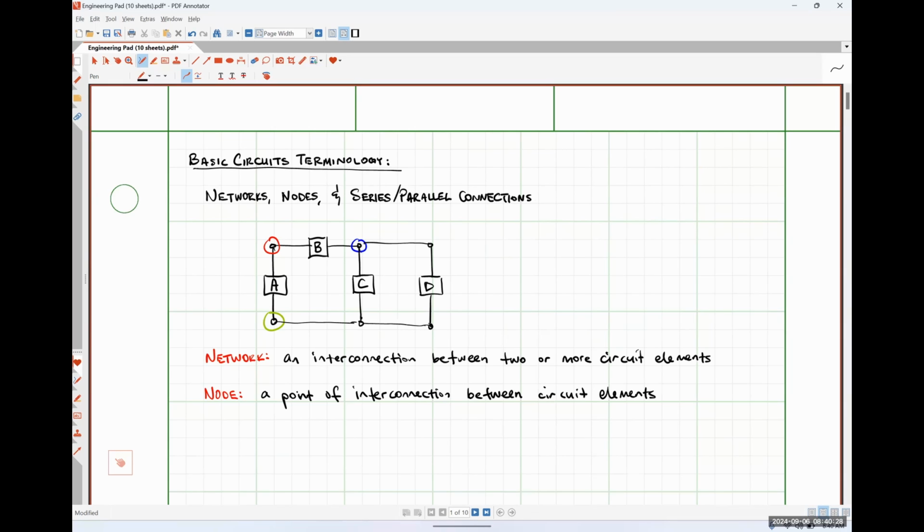Well, I've added more elements, and as it turns out, it maybe gets a little bit harder to identify our nodes when we have a network that's kind of busy like this. So what I'm going to do is re-identify my nodes in a particular way that helps me understand and sort out what's going on.